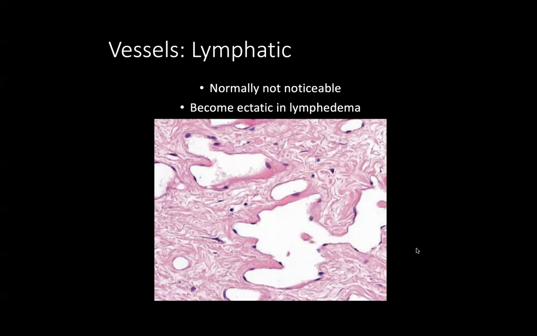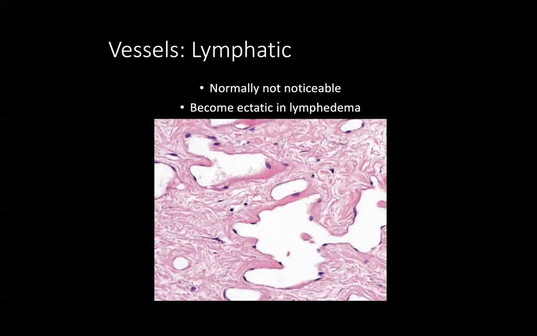The stains that can help highlight lymphatic vessels, the most commonly used one is D2-40, also known as podoplanin. You can also have LYVE-1. Those are the most common markers for lymphatics. It would become important if you were trying to establish some type of lymphatic malformation or atypical lymphatic proliferation.